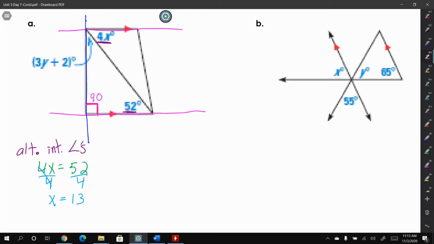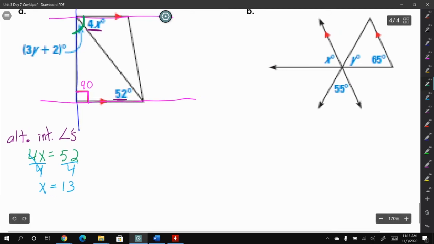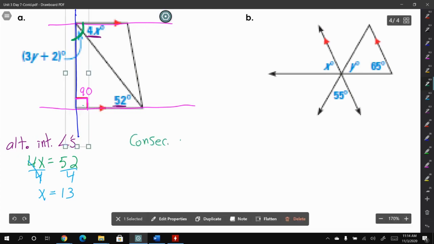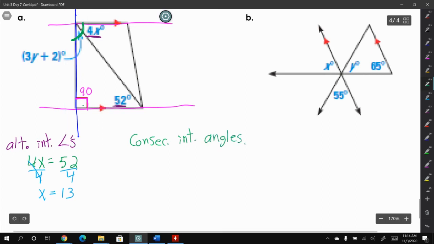And then we have that 90-degree angle, and then we have this angle up here, this 3y plus 2 and this 4x. They have to add up to 180 because these two angles, 4x and 3y plus 2, and this 90-degree angle down here are consecutive interior angles, and they add up to 180.